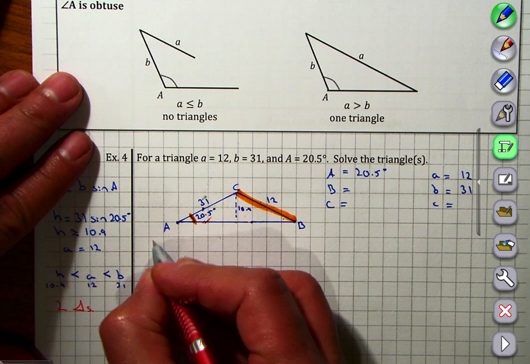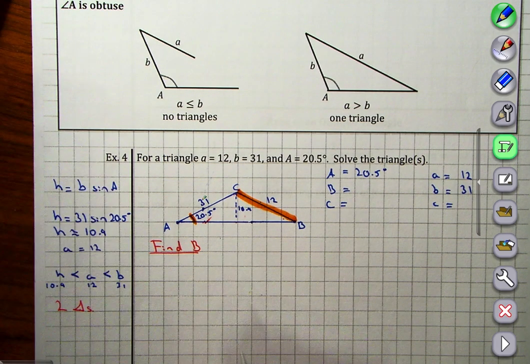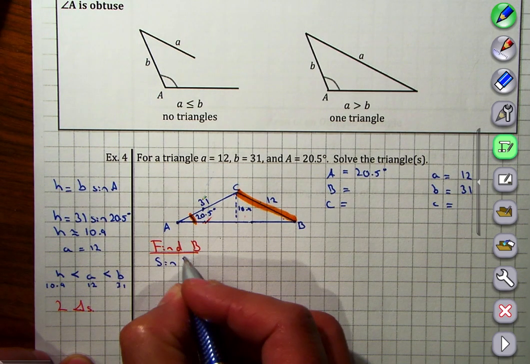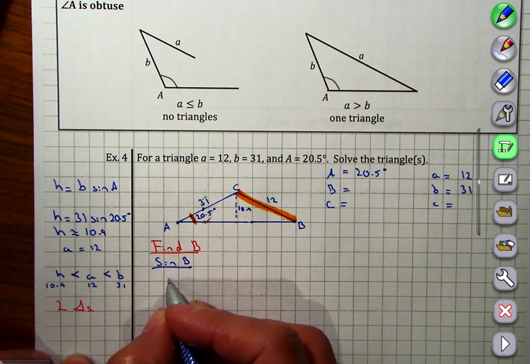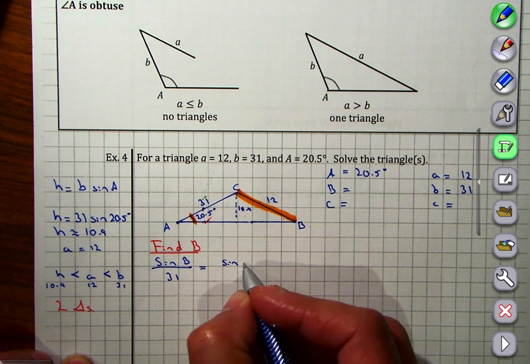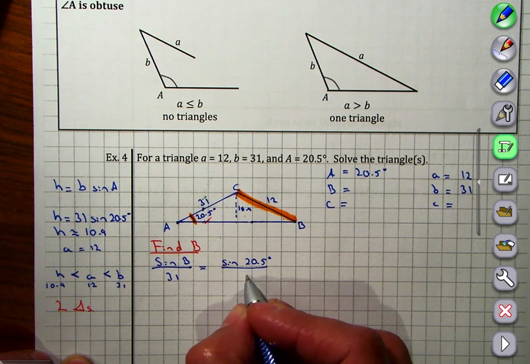Let's make sure you write small. We're going to need the space. So we're going to find angle B. So the sine of B over 31 is equal to the sine of A, which is 20.5 over 12.